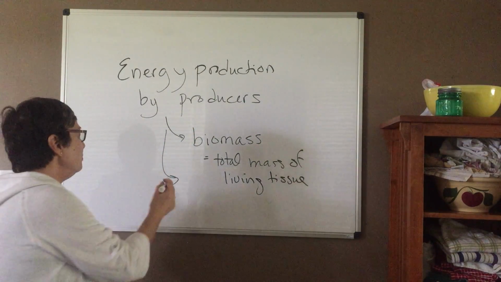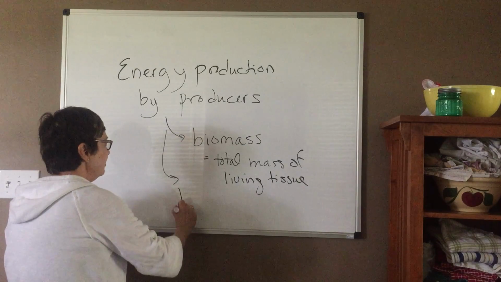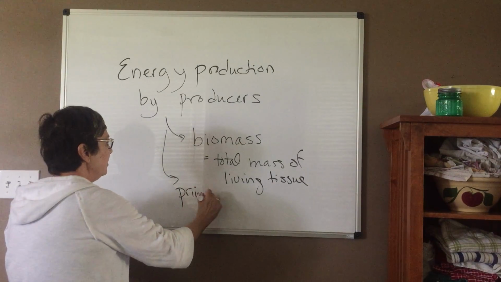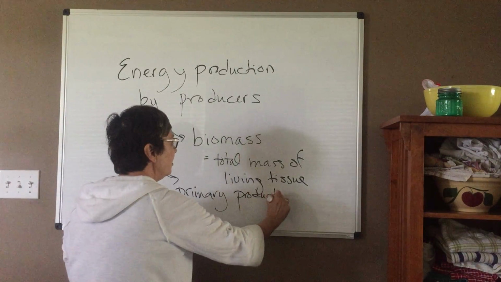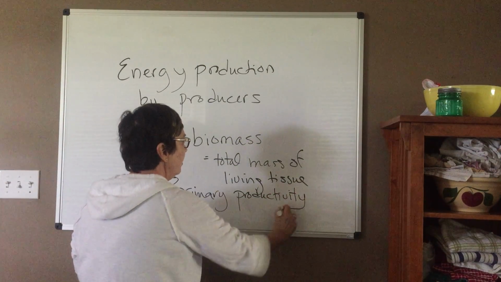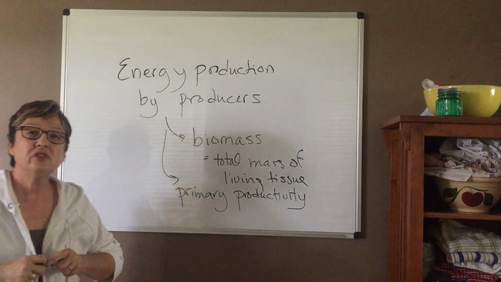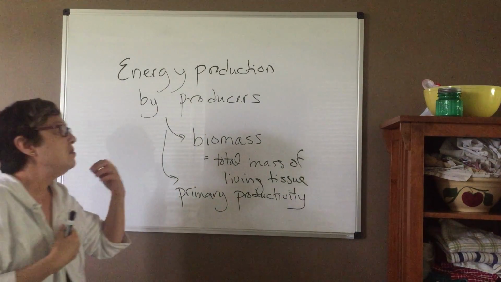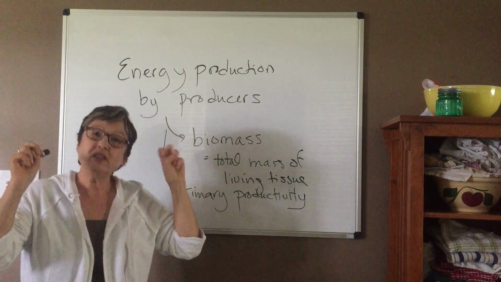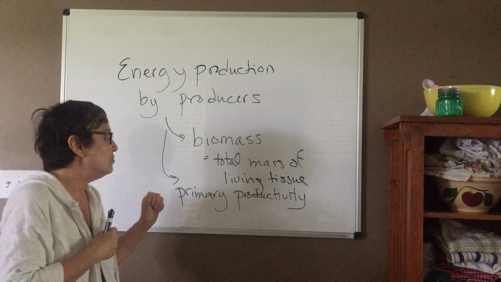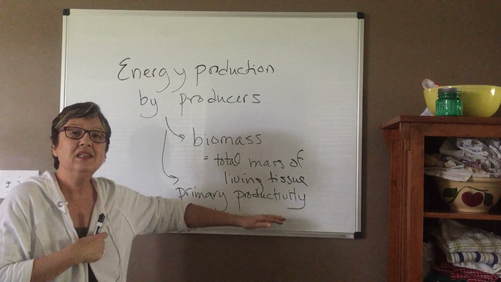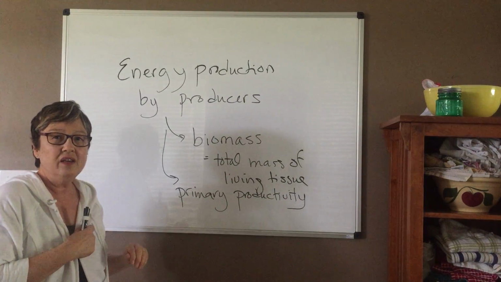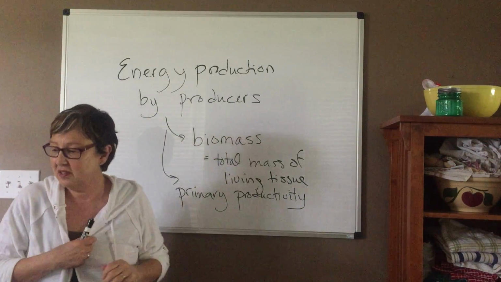But there's another term we also use, and that is primary productivity. So that refers to how productive the ecosystem is, which really means how much biomass is present in the producers in a given ecosystem.